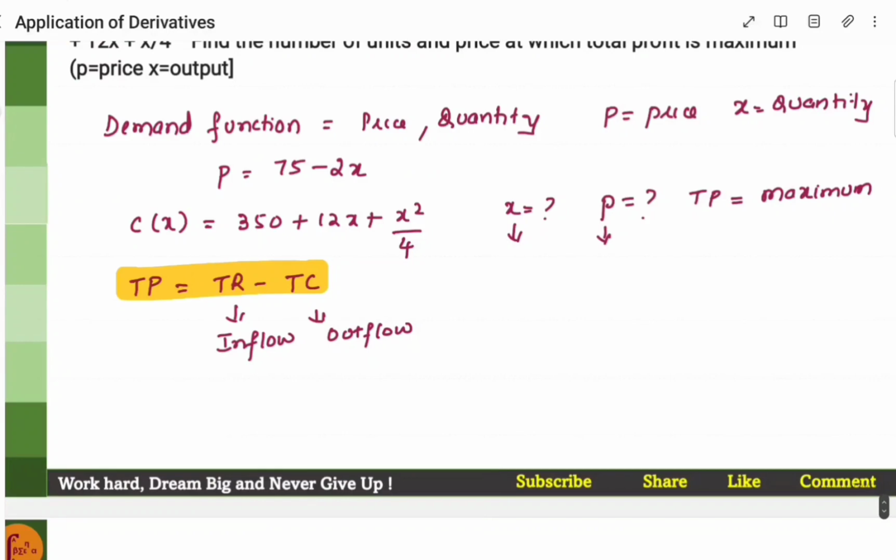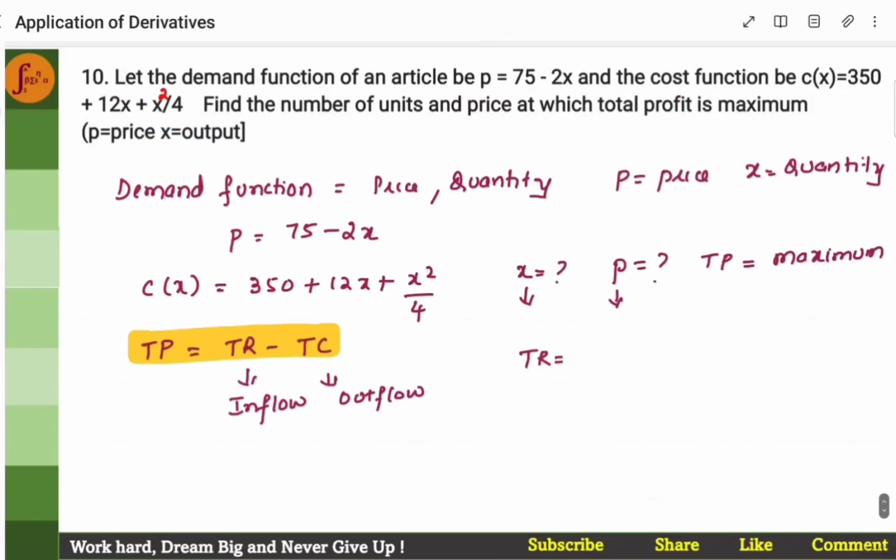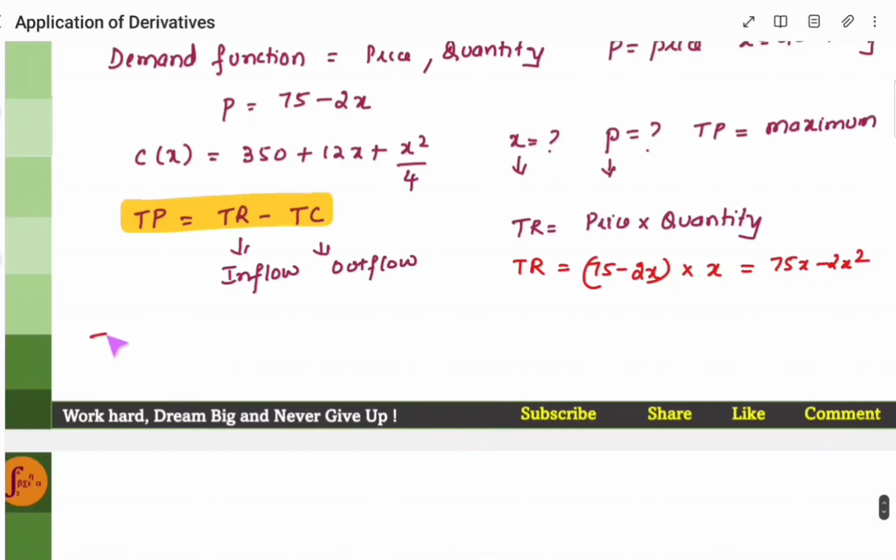Now we'll try to find total revenue. Total revenue is price into quantity. So what is price? Price we can write as 75 minus 2x, into quantity. Quantity is x. So what is this? 75x minus 2x square. Now we'll find total cost.